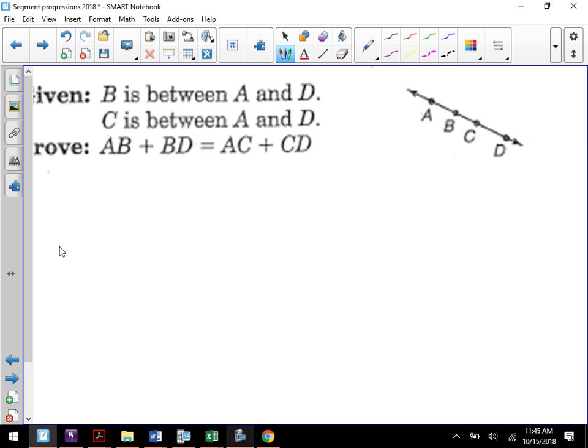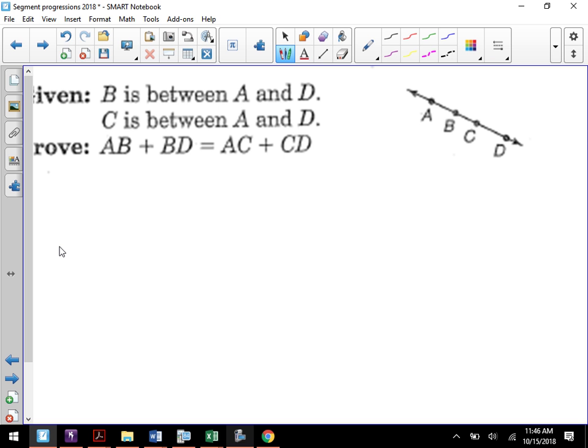Let's try this one. So B is between A and B, C is between A and B. All that is telling you is that they're all collinear.